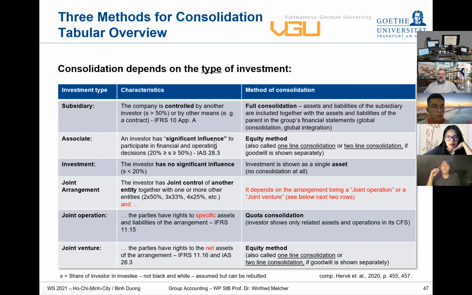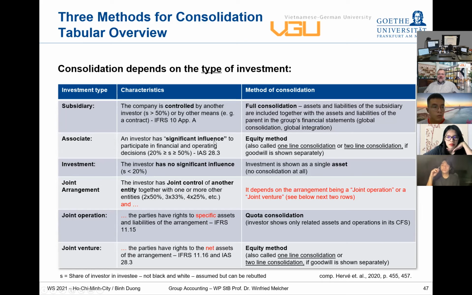So they will get their share according to those assets that belong to the power plant or to the gas pipeline. And a joint venture is when the parties, the joint venturers, have the rights to the net assets. They do not have access to specific assets. So in that case, they will use the equity method, which is the same as this one.